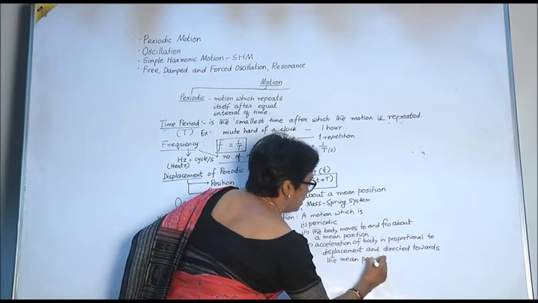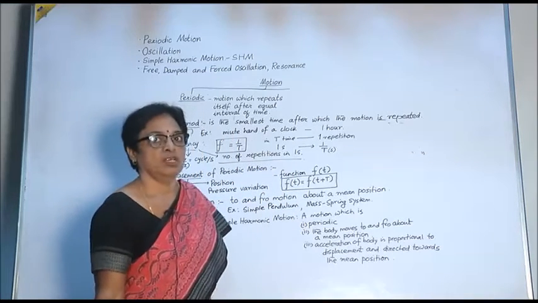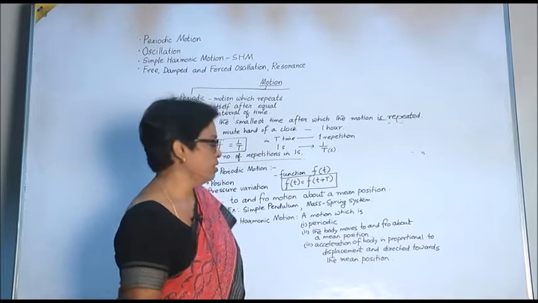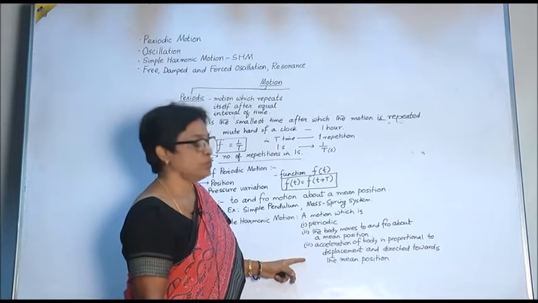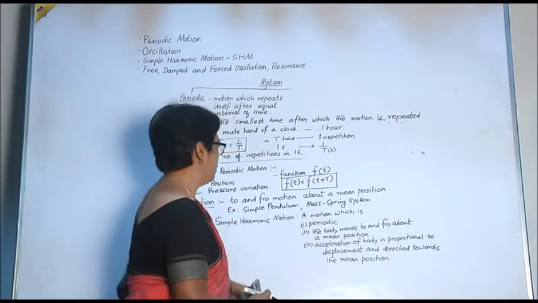So, if these three things are satisfied by a motion, the body is said to be performing simple harmonic motion. Periodic, oscillatory, and acceleration must be proportional to displacement and directed towards the mean position.